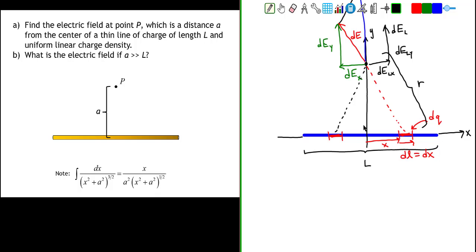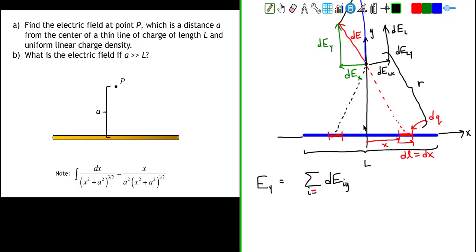So now that we know that we will only have a y component of the electric field left over, because of symmetry, the x component will sum to 0 because for every charge on the right, there's a mirror charge on the left. And since it's like charge and that mirror charge is the same distance, the x component cancels. For this charge configuration, we're only going to be left with a y component. And since we are only going to be left with a y component, we are going to need to sum up all of the individual y components of our representative charge elements.